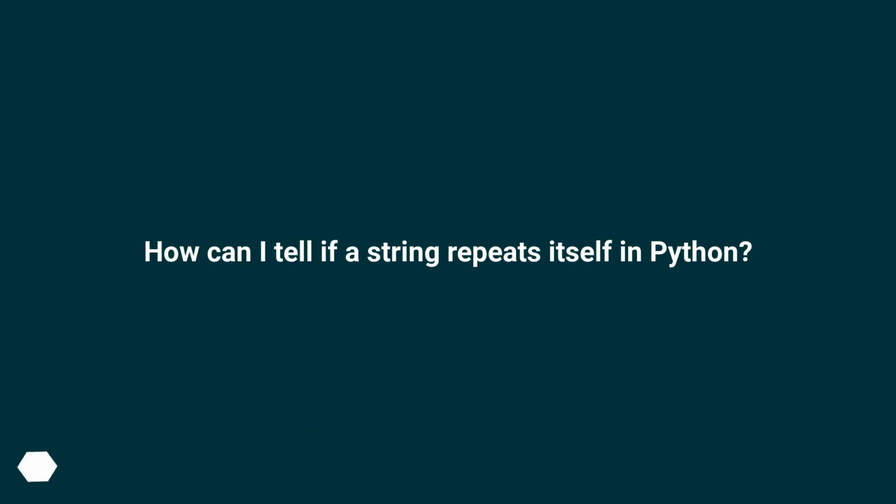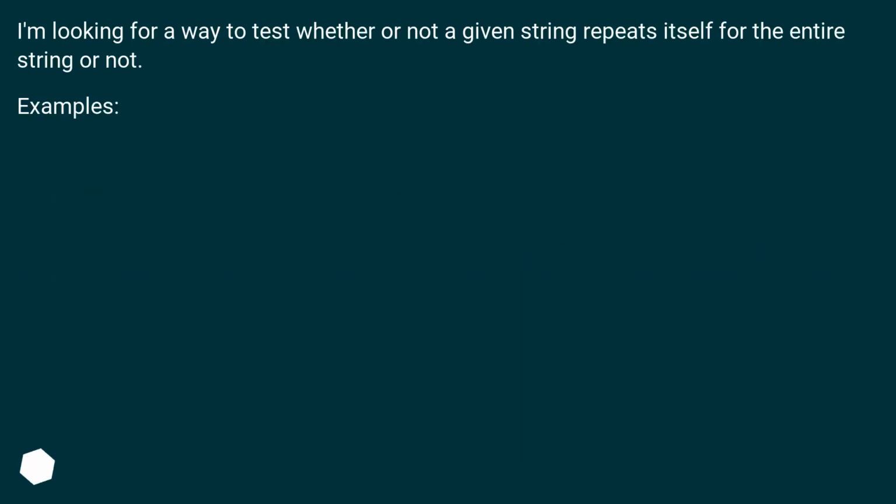How can I tell if a string repeats itself in Python? I'm looking for a way to test whether or not a given string repeats itself for the entire string or not.